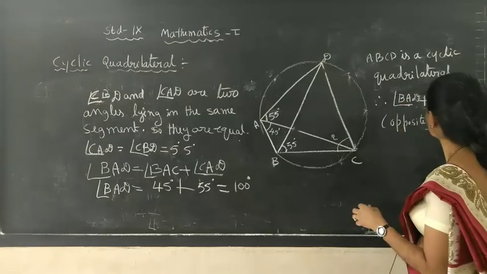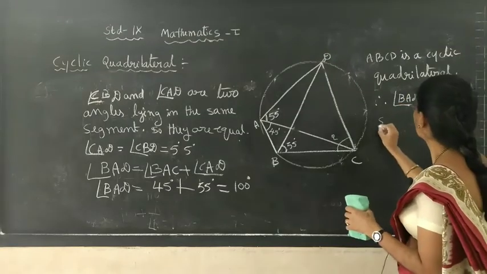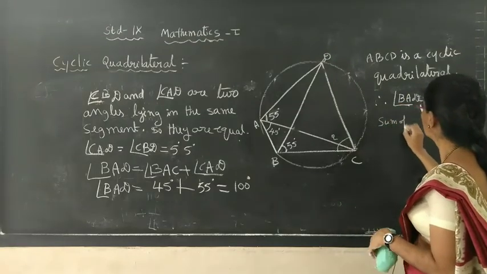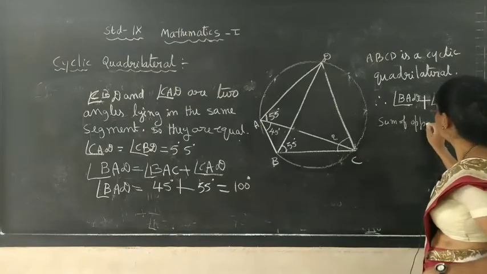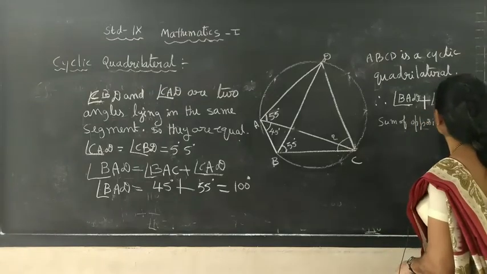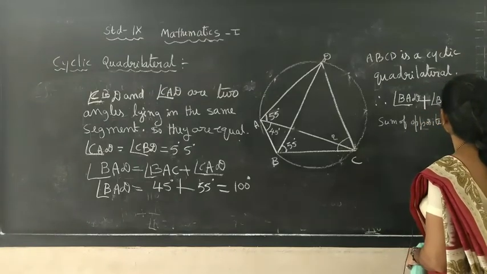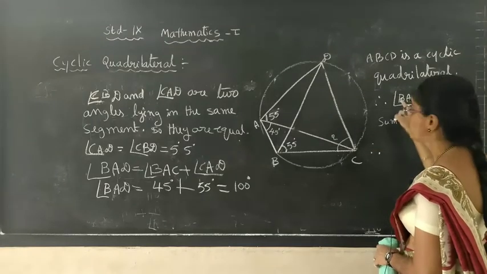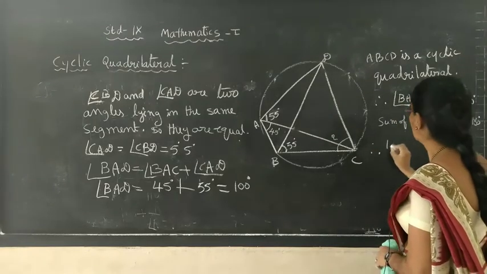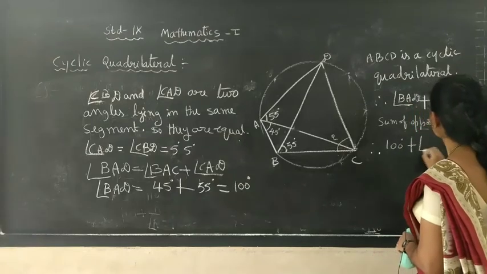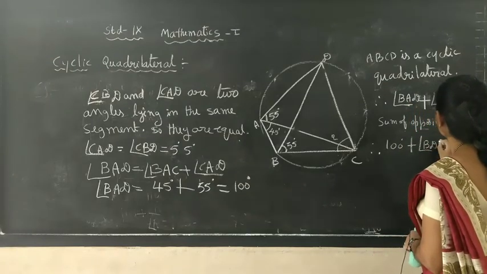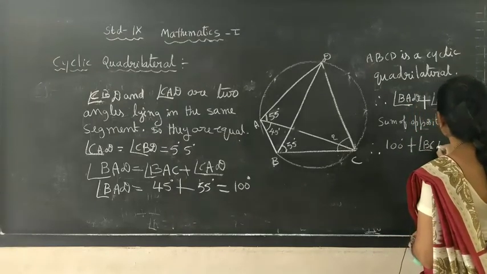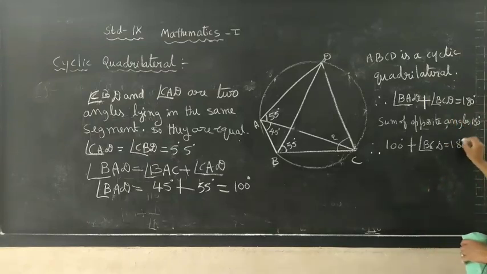Opposite angles. Sum of opposite angles is 180 degree. Therefore, BAD, how much we got? 100 degree plus BCD is equal to 180 degree.